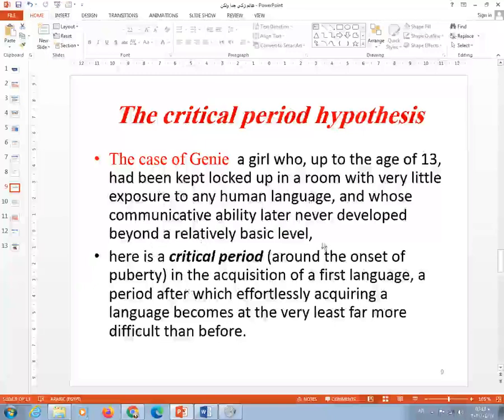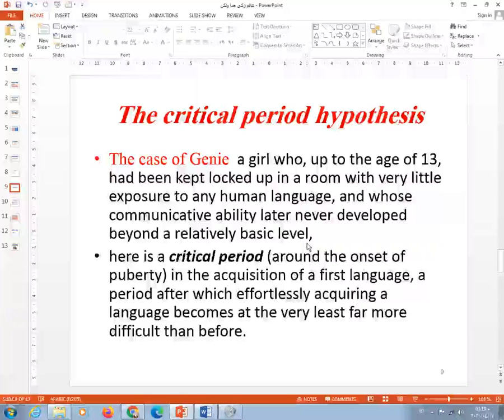So though Genie, a human being, is born with an innate language faculty, as the nativists say, she was not able to develop her linguistic skills, because she was locked up in a room, and she was deprived of interaction with the environment, which can feed into the development of her innate language faculty.